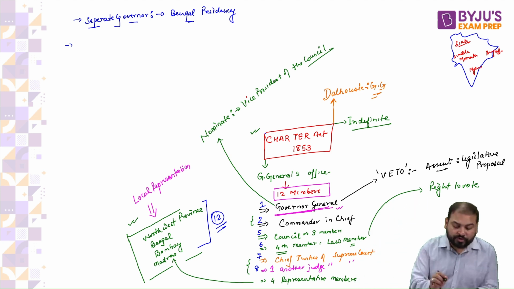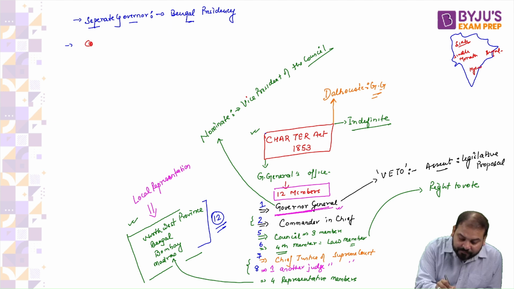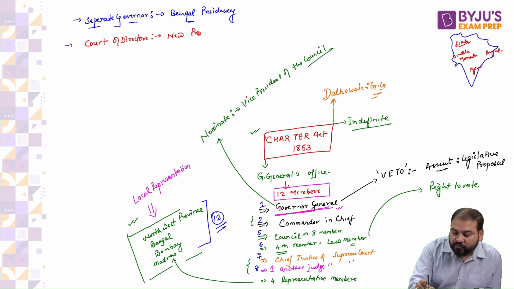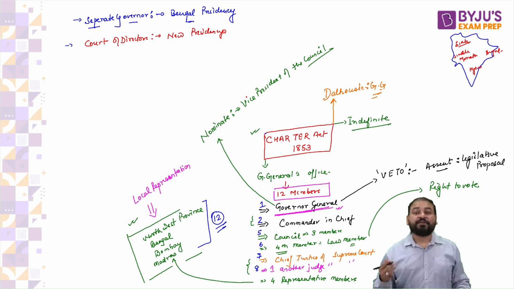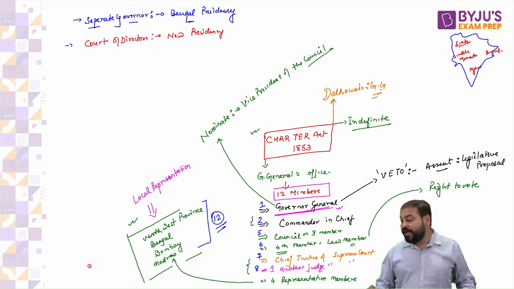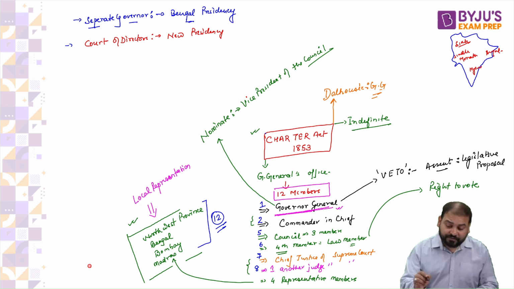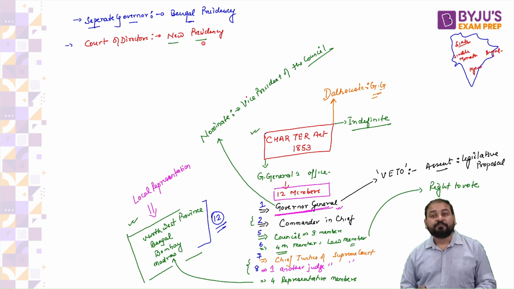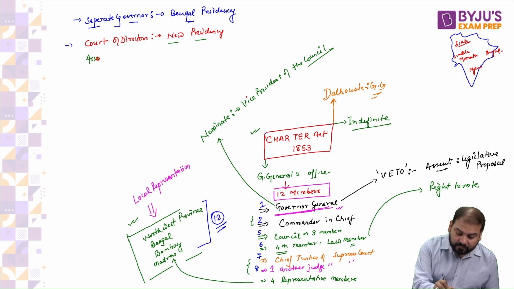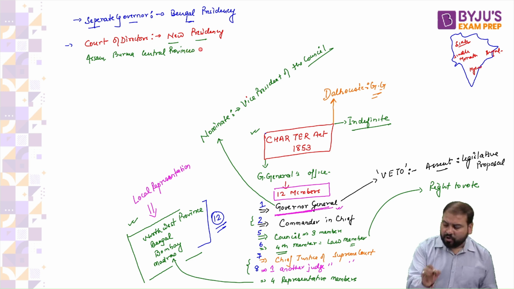So all of you, don't you think the country is becoming big? And that's why court of directors were given the power that if you feel, you can form new presidency, because the British India is becoming big and big with every day. So you can create this. And by this only later, Assam, your Burma, the states of central provinces, they all got created later on.